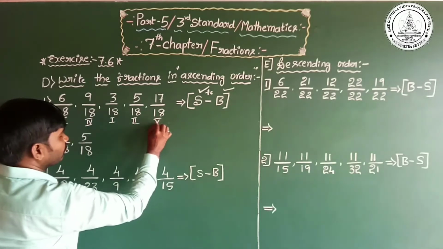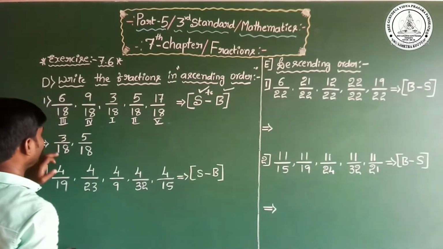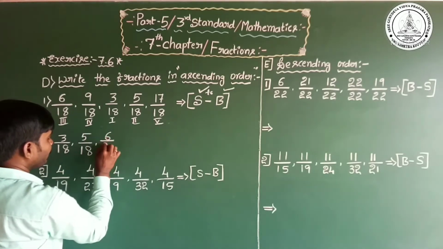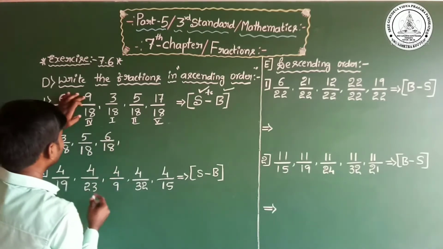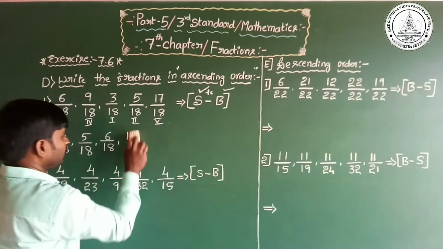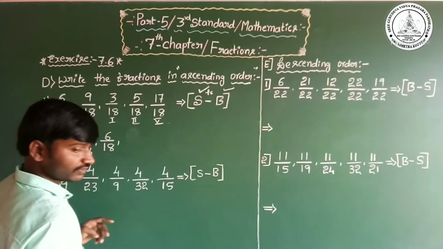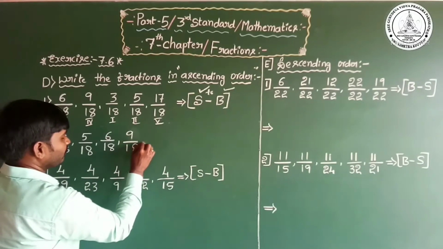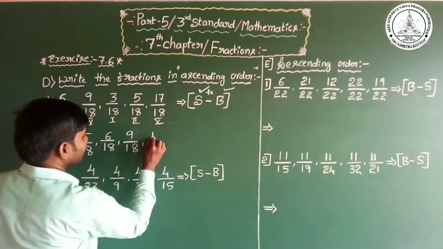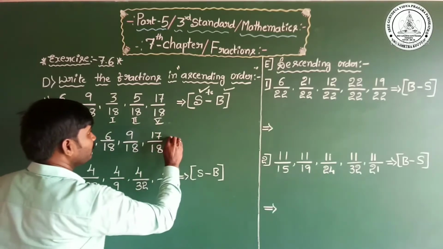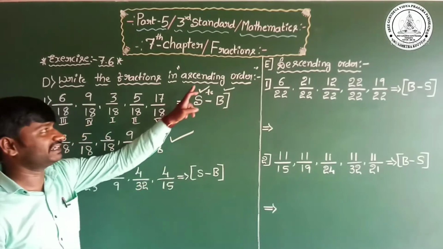Then this is fifth. Okay. So the order is 3 by 18, 5 by 18, 6 by 18, 9 by 18, and the last one is 17 by 18. Yes, this is the arranging of fractions in ascending order.